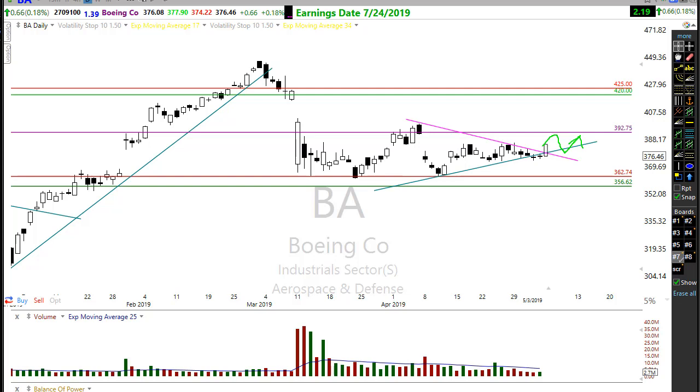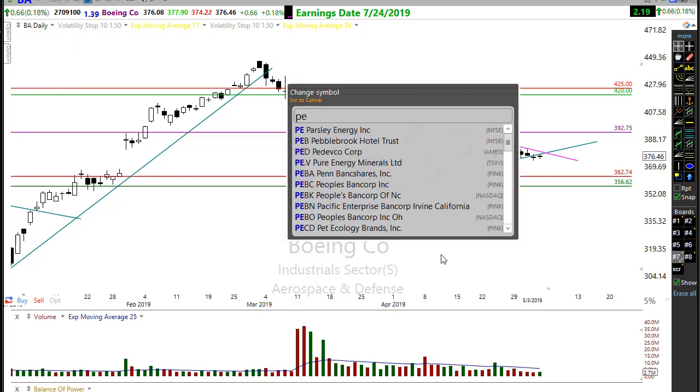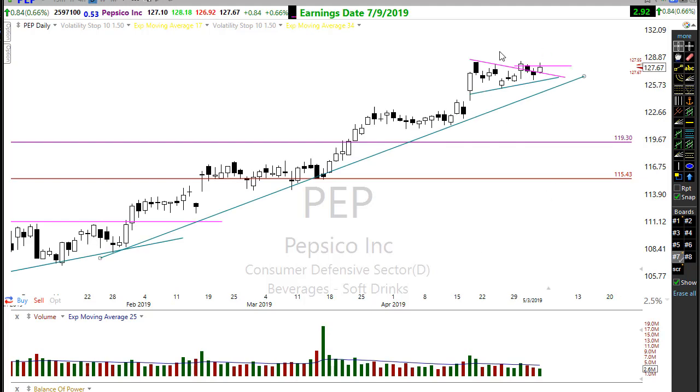Very much like PepsiCo did over here. In this symmetrical wedge, little pennant pattern, pop, come right back to test before it goes up.